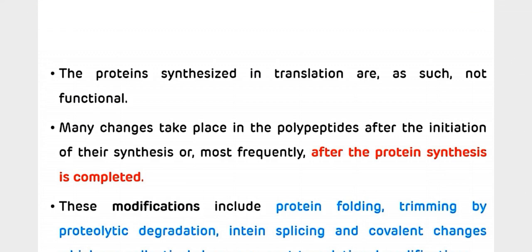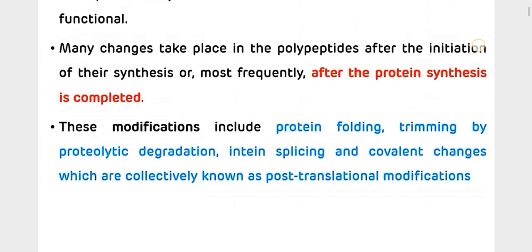Post-translational modification. Next topic. The proteins synthesized in translation are as such not functional. Many changes take place in the polypeptides after the initiation of synthesis, or most frequently after the protein synthesis is completed.